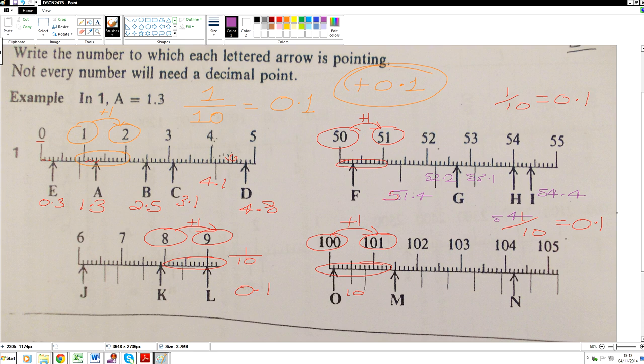Yeah, 52.2. Oh, that one, but there are no arrows there. Yes, but you still count. J will give you 6.6, 6.9, 7.5, 7.9, 8.4, and 9.0.